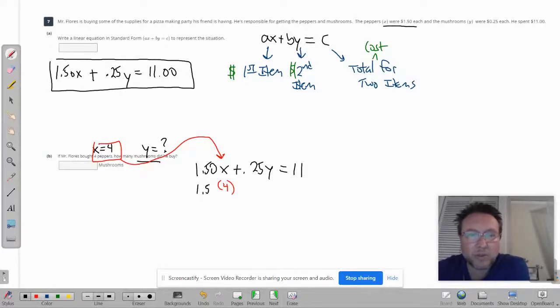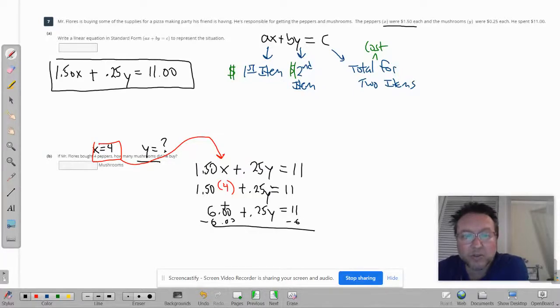So $1.50 times 4. Well, $1.50 times 2 is $3. Double that, that'd be $6, right? So this would be $6 plus 0.25Y. Forgot my Y there. If I subtract 6 from both sides, 11 minus 6 would be 5. And then divide both sides by 0.25.